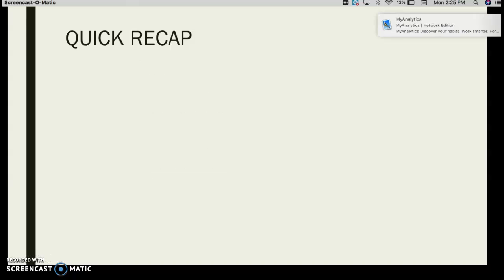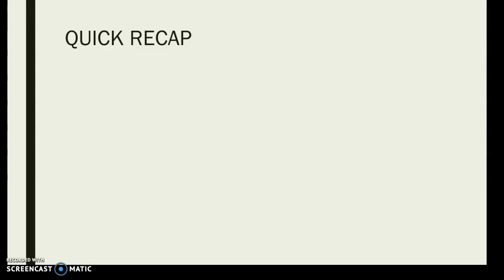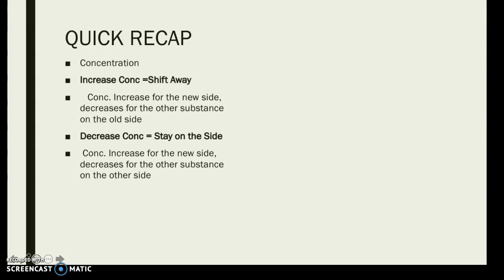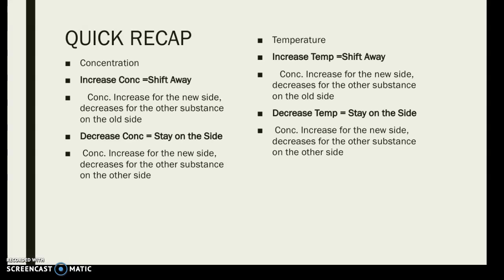Like I said, the same thing applies for temperature. So let me quickly go through this. For temperature, when we increase temperature, we're going to shift away. By shifting away, concentration will increase on the new side where the temperature shifted to, and decrease for the other substances on the old side.